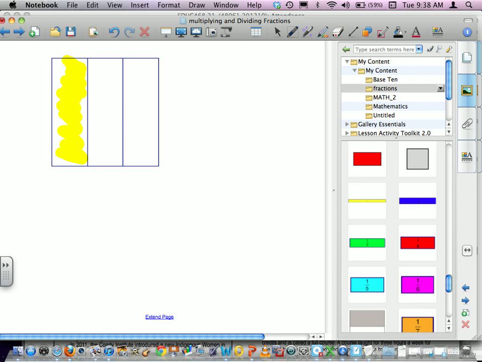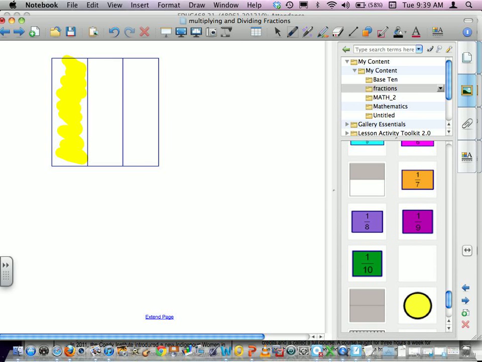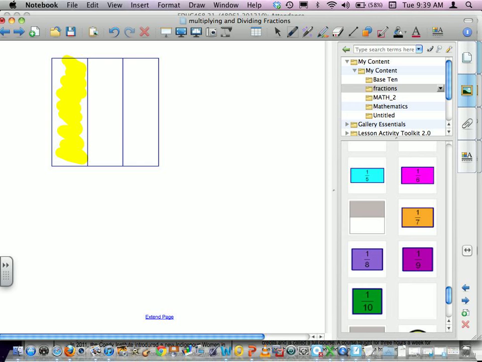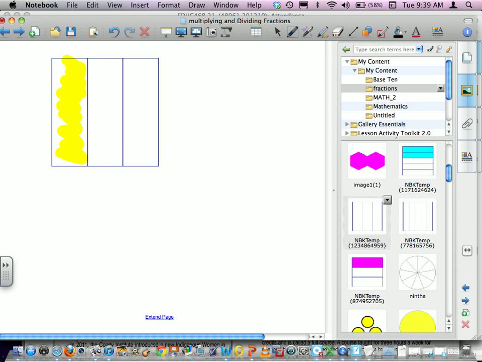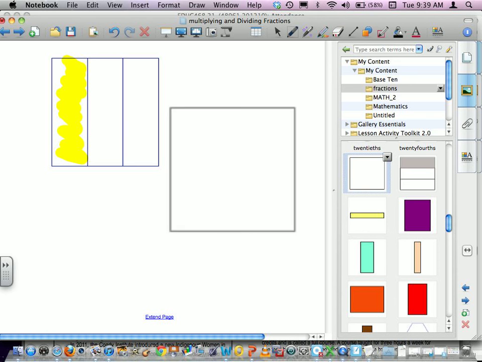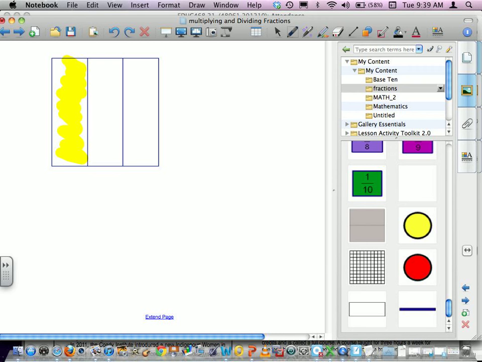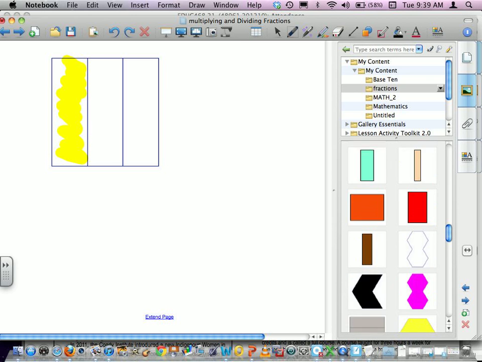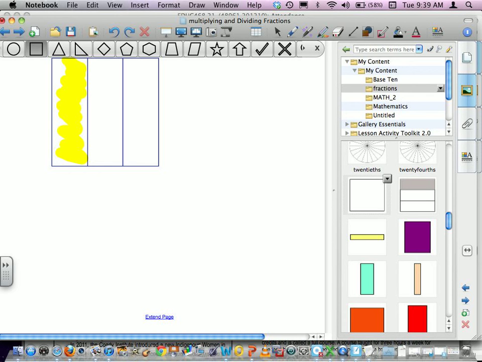I'm going to draw another square that's the same size.